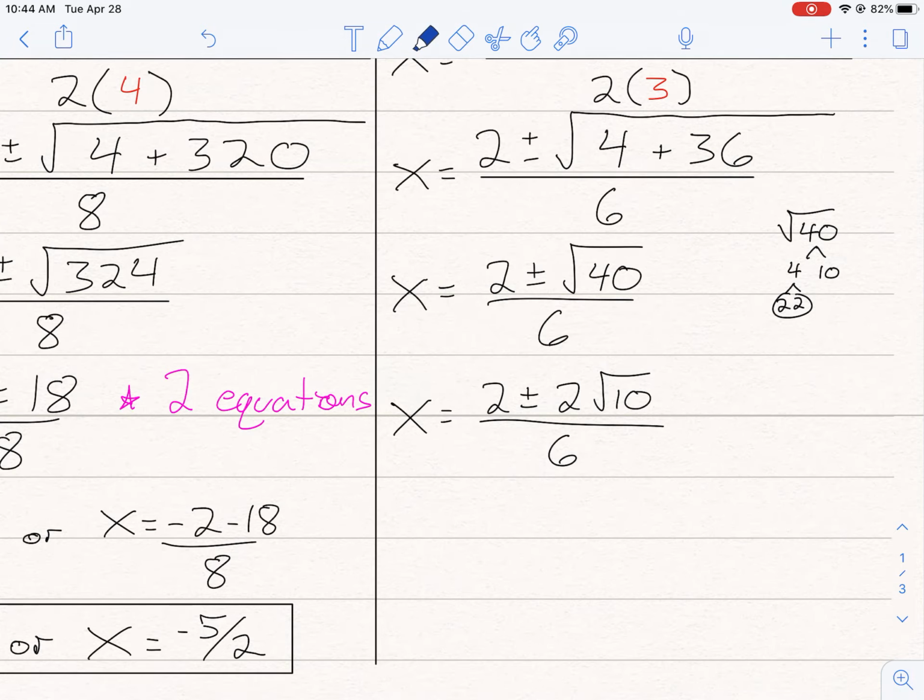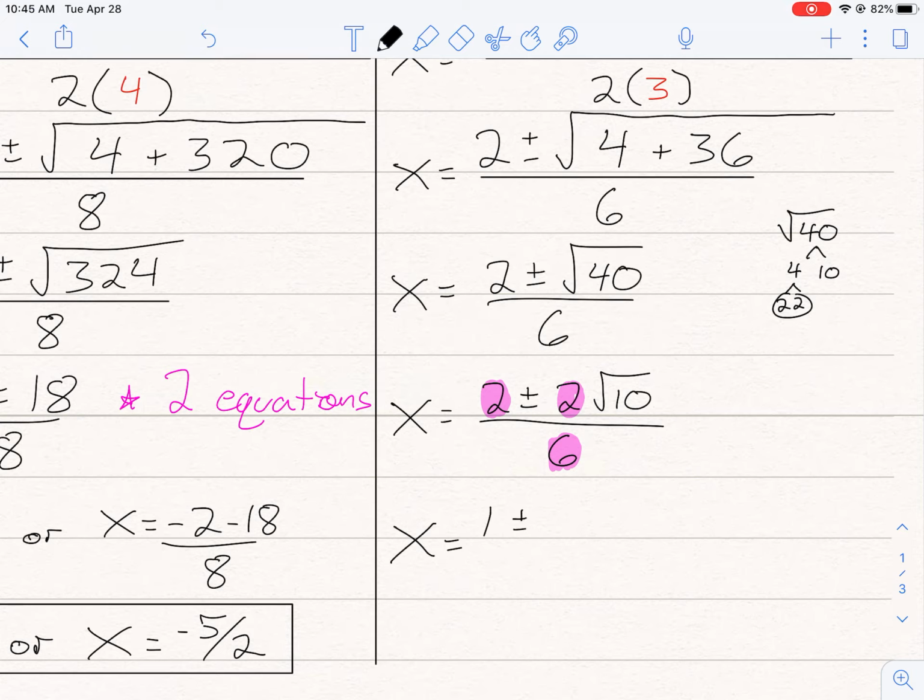Now, you're almost done with this because the square root of 10 can't be simplified, but if you notice that all of these numbers here, these terms 2, 2, and 6, if we think of this as like simplifying a fraction, 2 and 6 simplify with each other, and then 2 and 6 simplify with each other again.